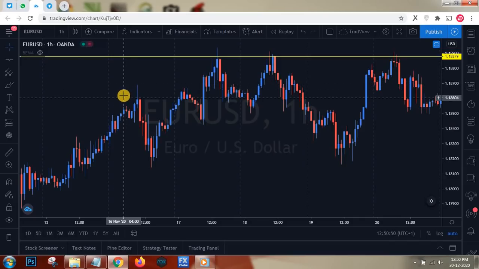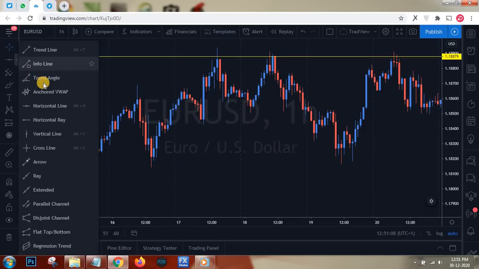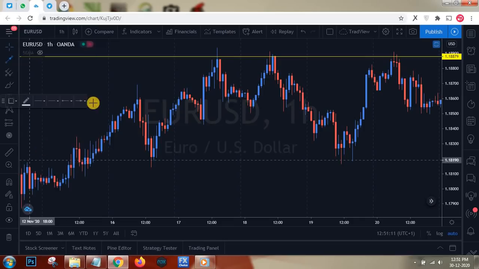In Forex, what will keep you in this game is patience. Because this is a 1 hour time frame, each of these candles forms and finishes forming after 1 hour. So each 1 hour, I need to be waiting.